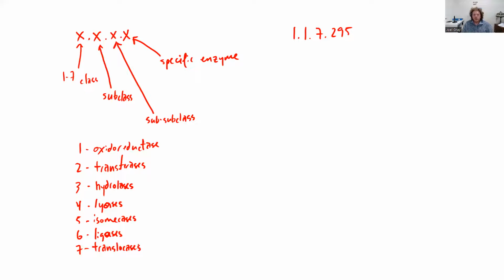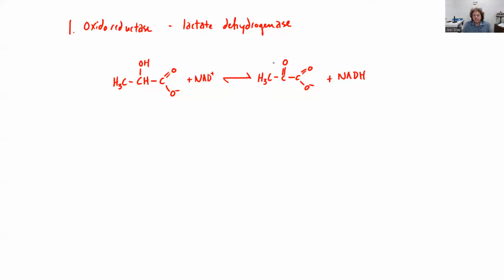So to get into each one of these individual classes a little bit more, it's going to take a little bit of time. But the first one that I'd like to get into are your oxidoreductases. Here you can see an example of an oxidoreductase. This enzyme is known as lactate dehydrogenase.